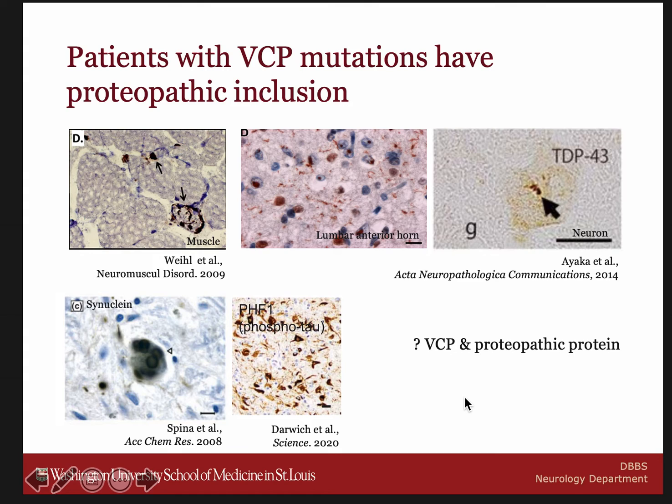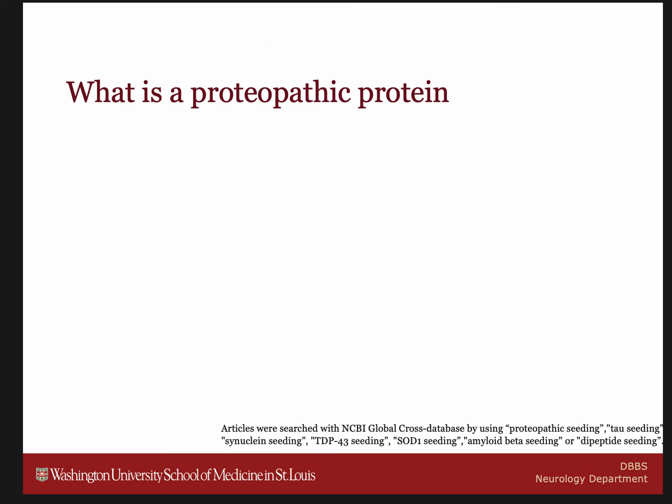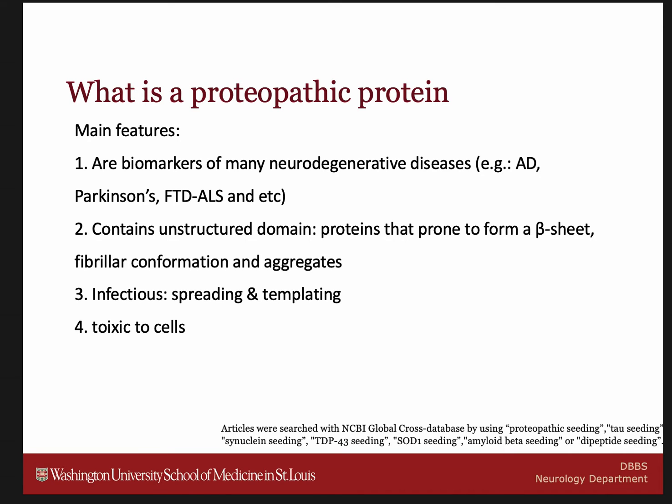So the question our lab asks is, what is the relationship between VCP and the proteopathic proteins? First of all, we need to know what the proteopathic proteins are. They were first recognized as biomarkers in many neurodegenerative diseases, including AD, Parkinson's, frontotemporal dementia, ALS, and so on. They share a common feature of unstructured domains, which are likely to form aggregates.